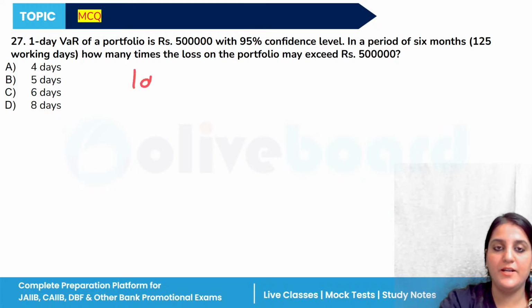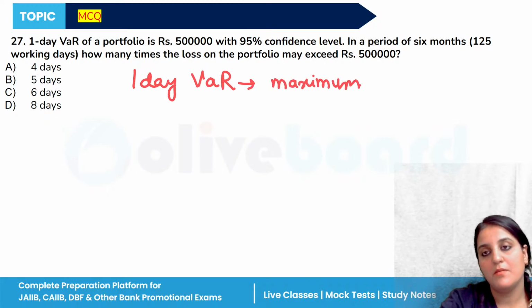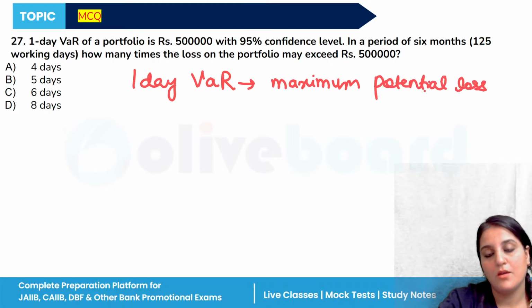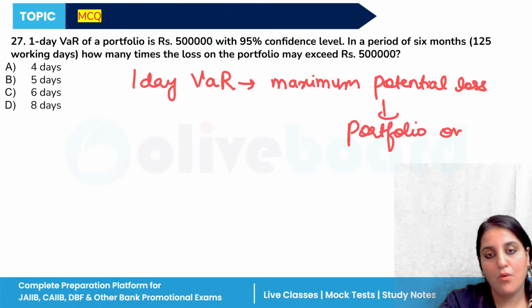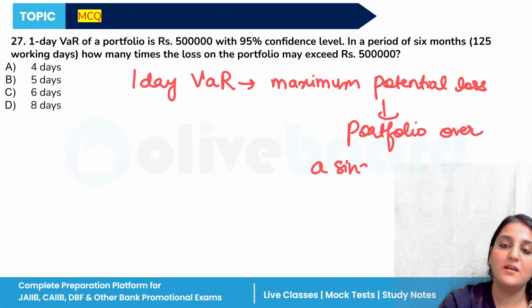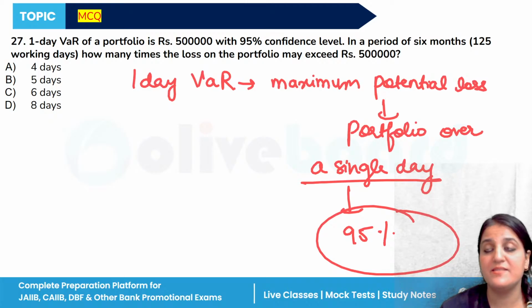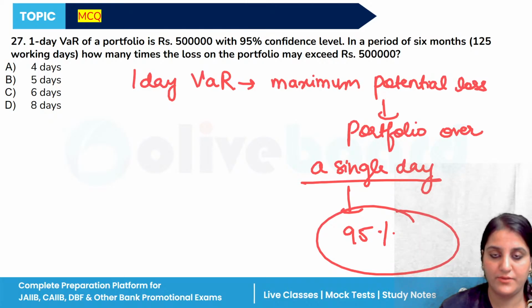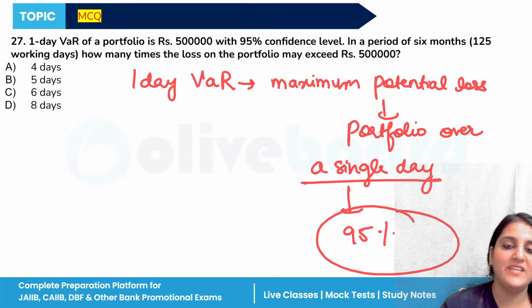So this one day value at risk represents the maximum potential loss on a portfolio over a single day with 95% confidence. It means that there is a 5% chance that the loss of rupees 5 lakh is exceeded on any given day.